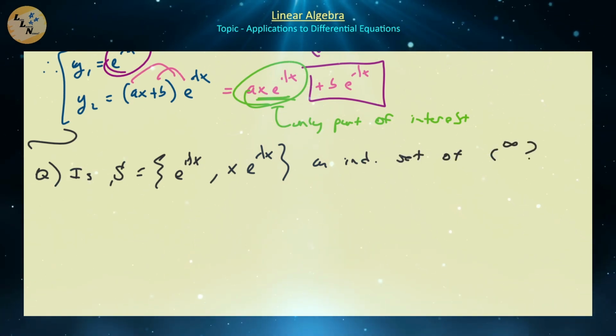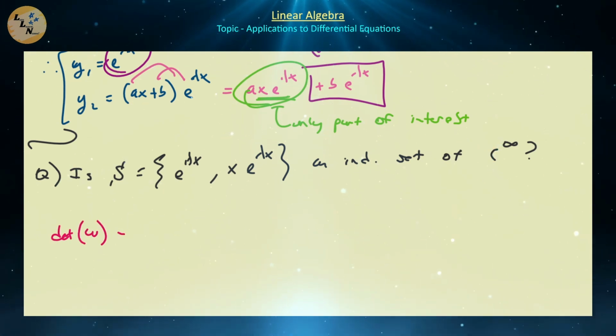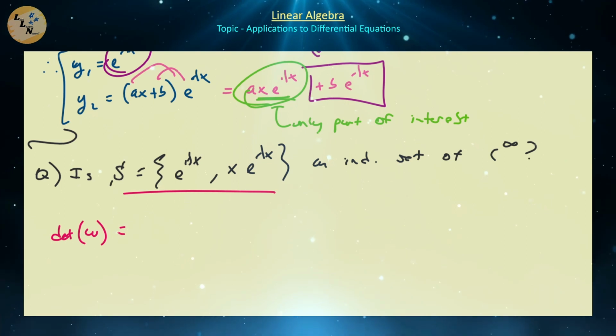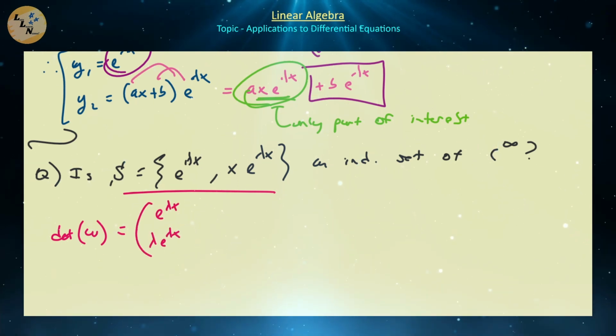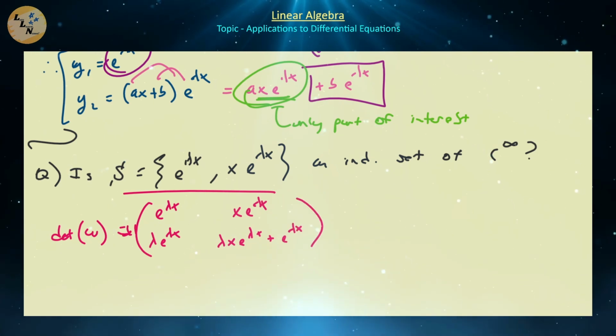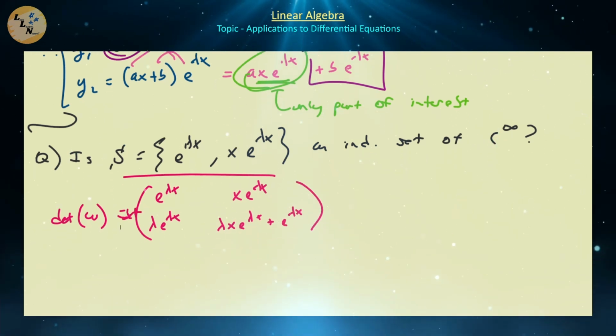C infinity functions? So if we look at the Wronskian of that, the determinant of the Wronskian for this particular set is going to be equal to the matrix with e^(λx), λe^(λx), and then x e^(λx), and then, with a quick product rule, λx e^(λx) plus e^(λx). And we're going to be taking the determinant of this particular matrix and see what we get.